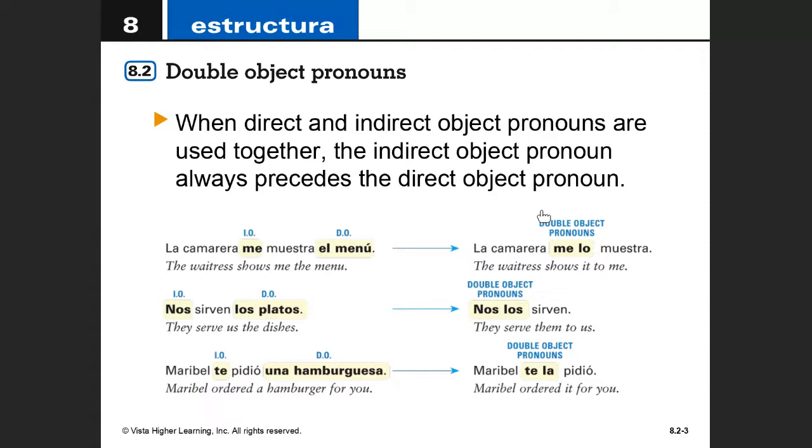And in front, we're going to have objeto indirecto, or any pronoun we need for that. And after, objeto directo. All right? Let's look at this example. La camarera me muestra el menú. La camarera me, to me. She's showing the menu to me, right?